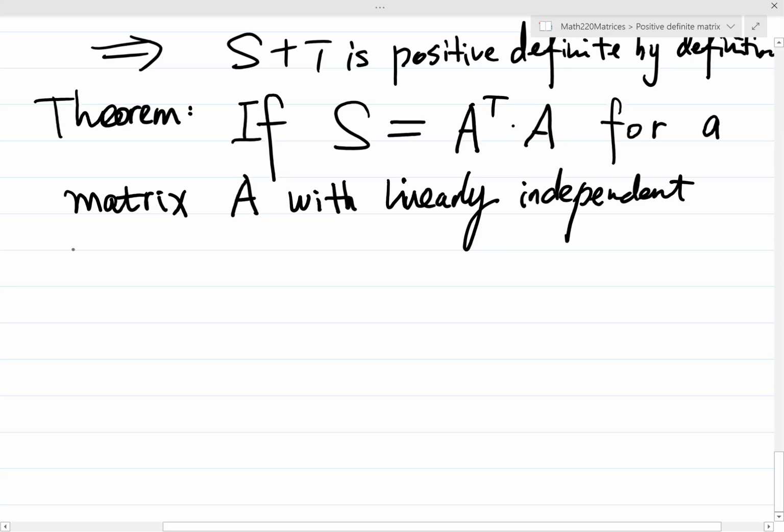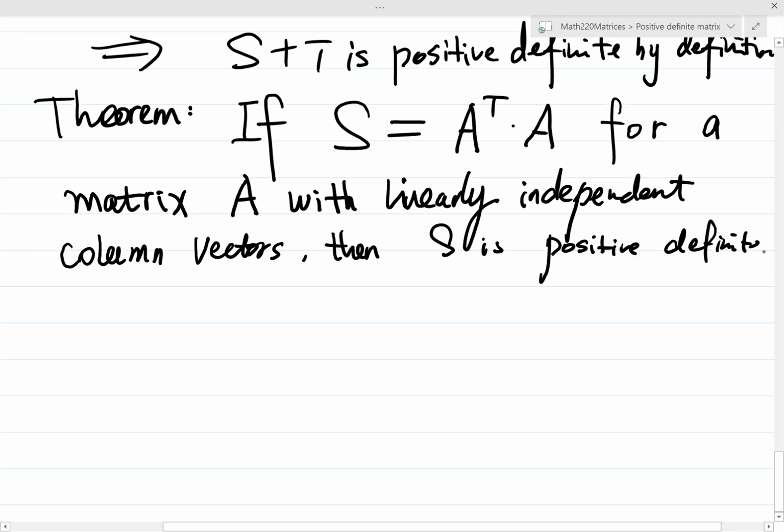Then S is positive definite. So we do not assume that A is positive definite, and we do not assume A is a square matrix.